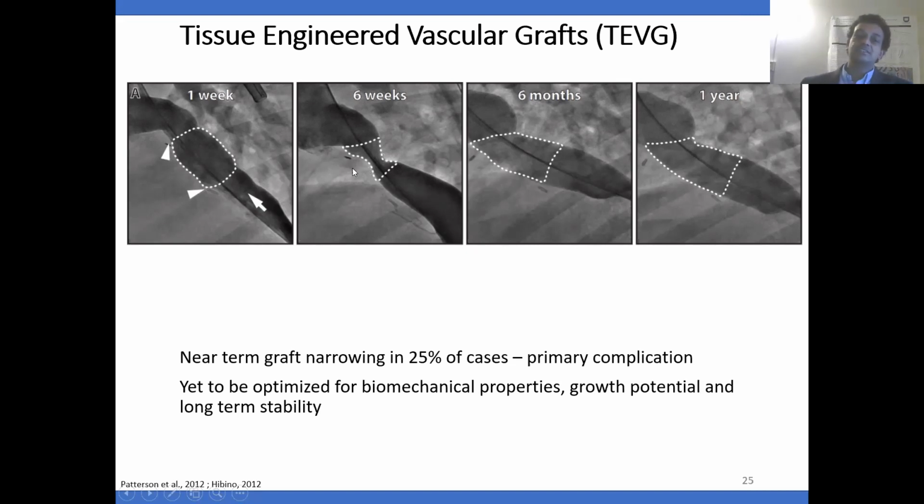Okay, so this design was arrived at after a lot of trial and error, and it was yet to be optimized for multiple objectives like biomechanical properties, growth potential, stability, etc. So we felt this was an opportunity to look at modeling to answer some pressing questions.